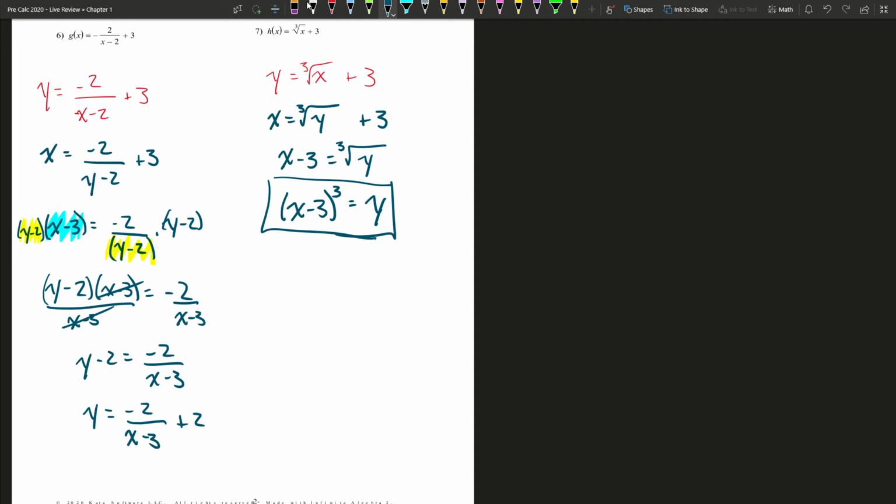Okay, so I want to pause there because I know that's probably the most different thing that we've done so far. All right, so are there any questions about inverses?